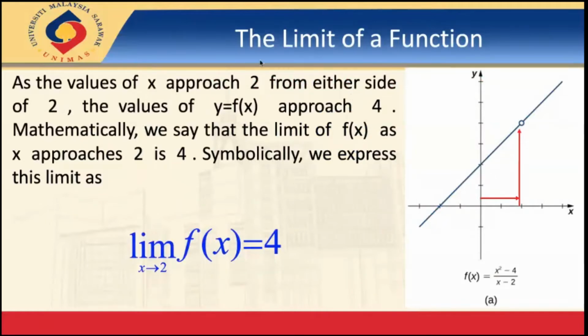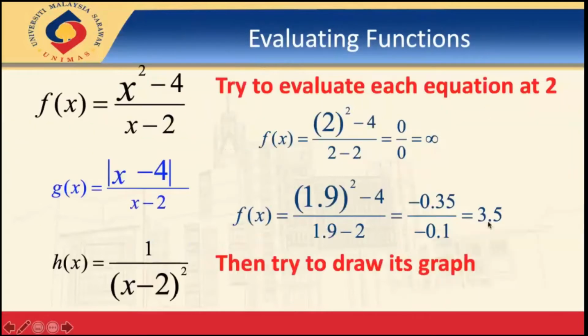So if you use from any side of 2 any other value, but not 2, then the value of y equals f of x is almost near to 4. If you see here, it is 3.5. If you put the x value 1.999, then it will be much closer to 4.